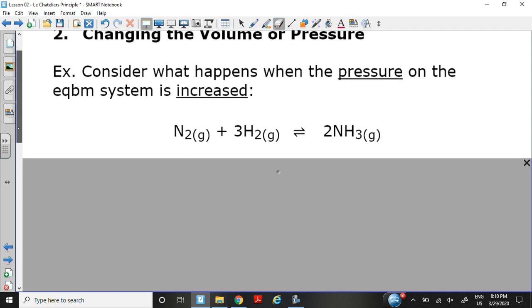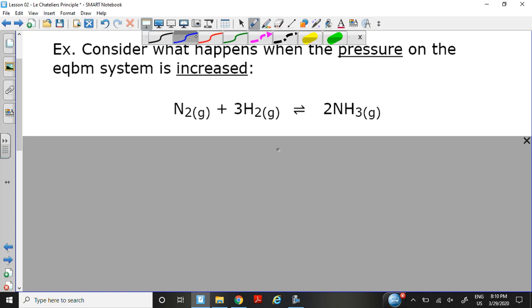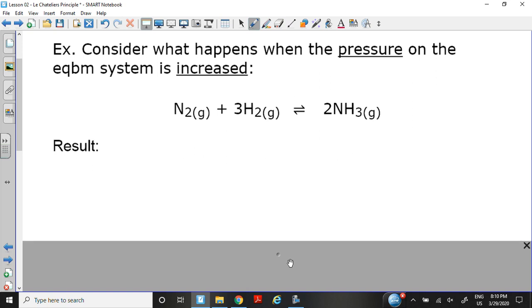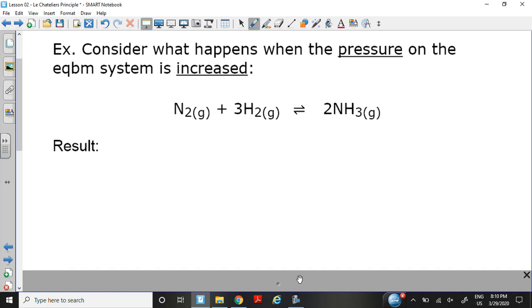So let's look at an example to see what's going on, and hopefully that'll help understand a little bit more about the result. So what happens when the pressure on the system is increased in this case? Pressure increased means our volume has gone down. There's less room here for this reaction to take place. How we do that is figure out first how many molecules we have on both the reactant and product side.